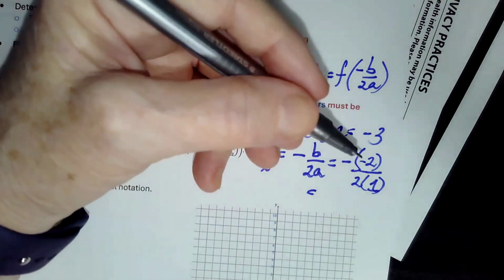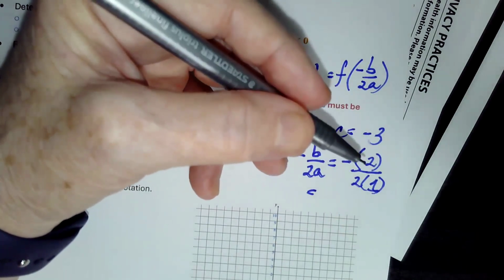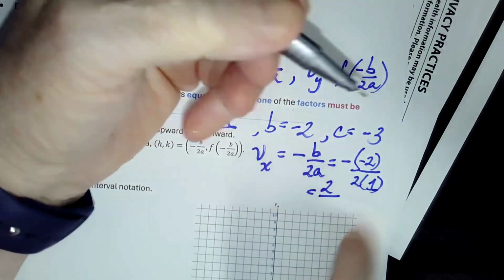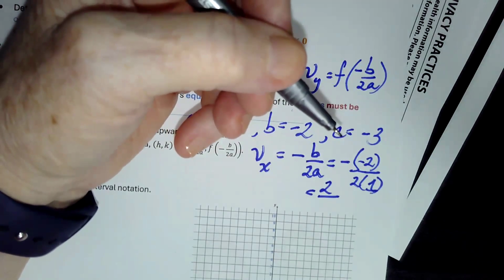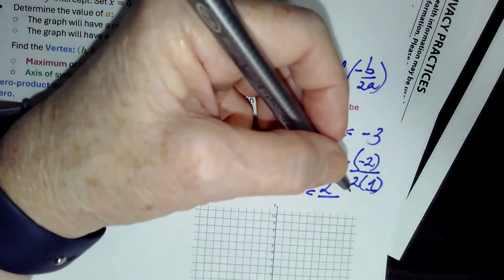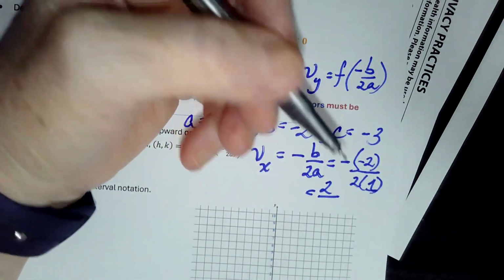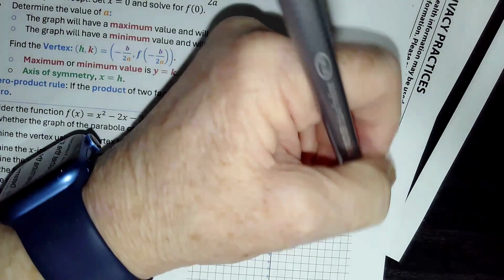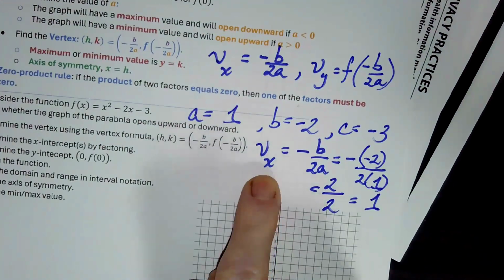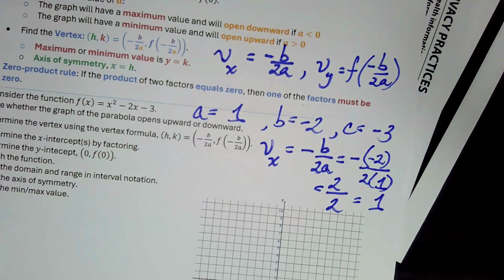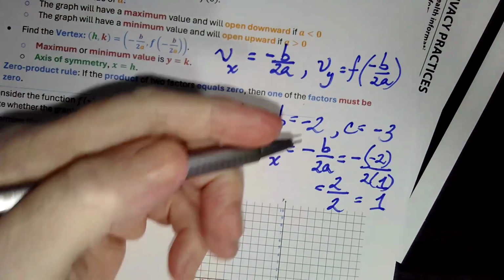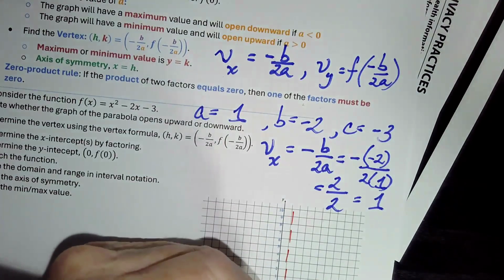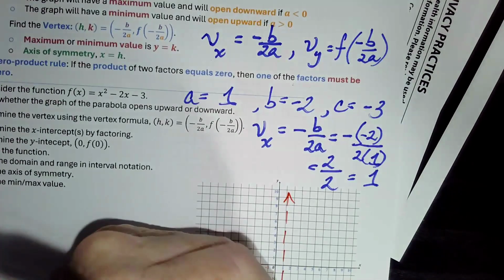What is negative times negative 2? Positive 2. Good. And in the denominator, we'll have 2. And 2 divided by 2 is 1. Gorgeous. So the x-coordinate of the vertex is 1, and that means that the axis of symmetry is x equals 1.